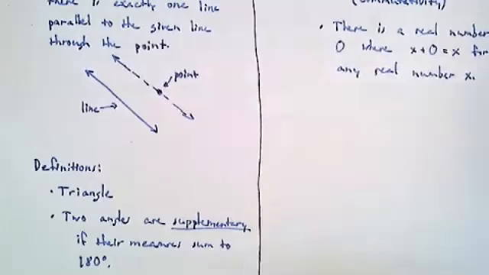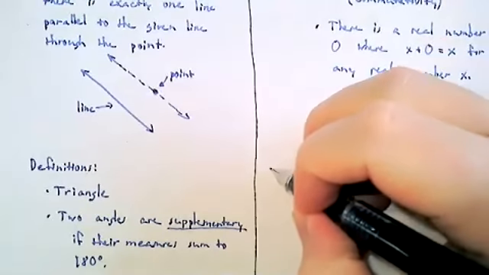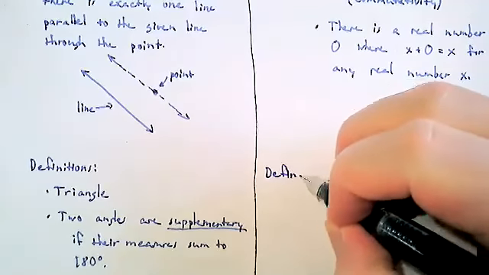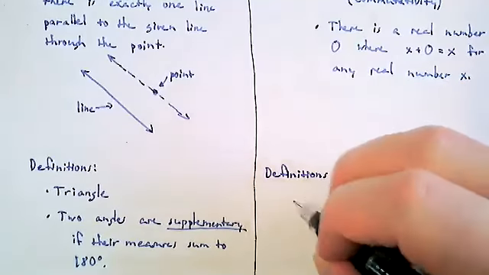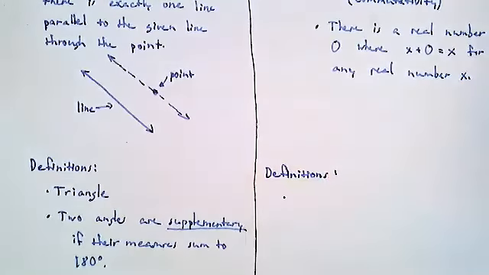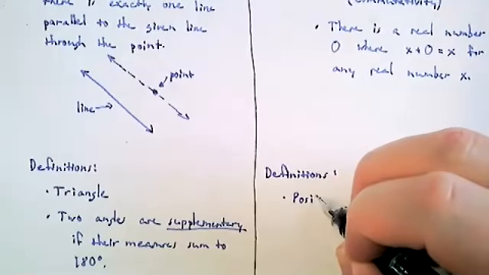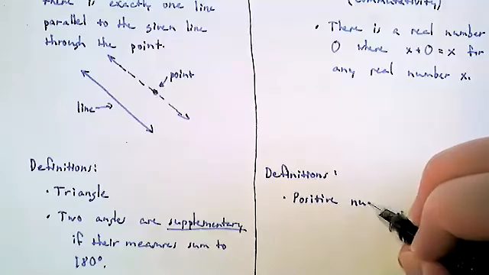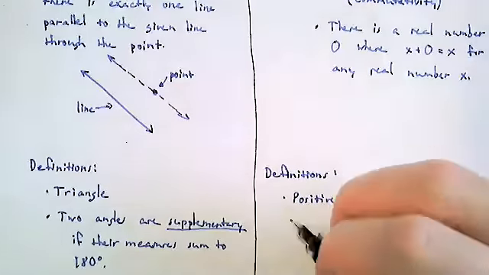Okay. And then back over in real numbers, we also have all sorts of definitions. Can just write down a couple. Maybe I'll just mention the words. Things like positive numbers. You would need to define what those are. You probably know what the definition is, the numbers that are greater than 0.